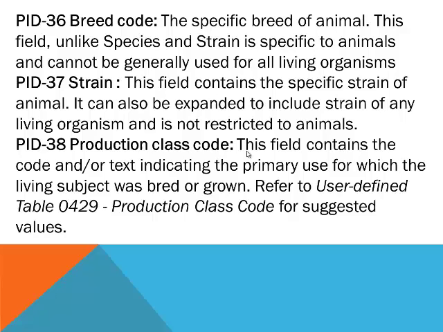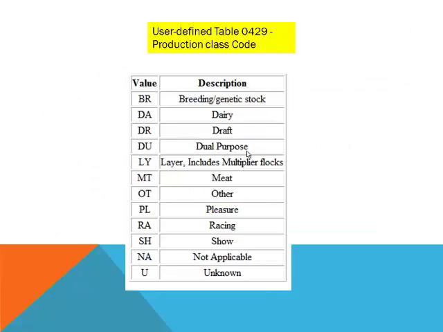PID 38 is the production class code. This field mainly contains the code and the text indicating the primary use for which the living subject was bred or grown. In fact, this information can be found in table 0429, which is here.